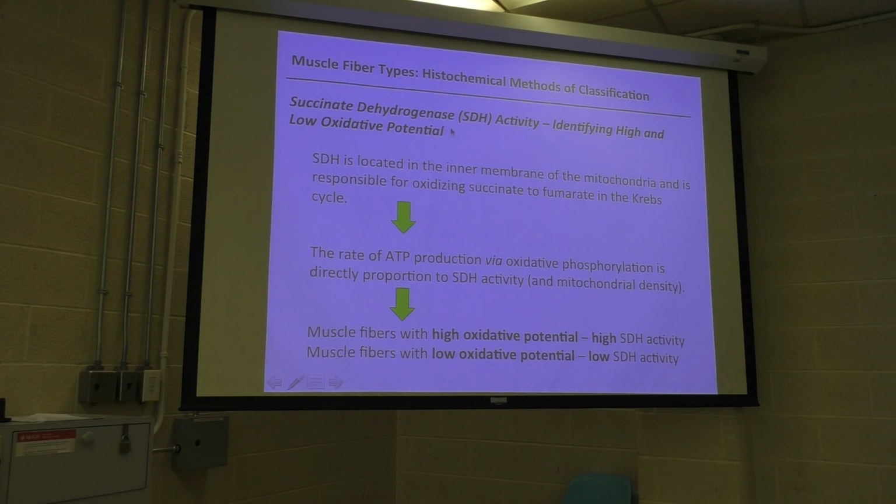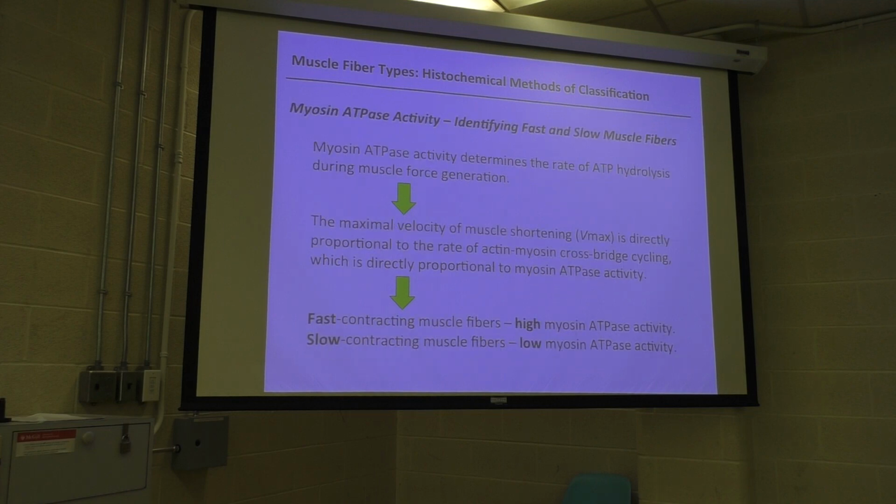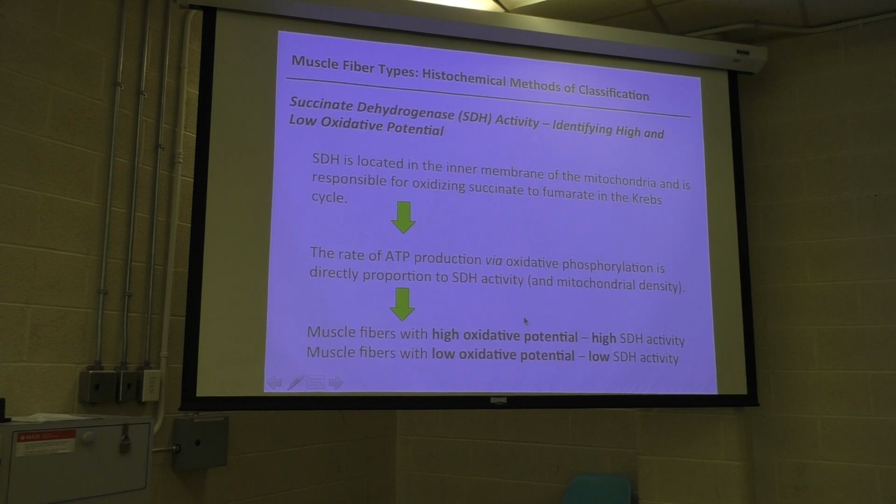So how do we find oxidative muscles, the slower contracting muscles, as opposed to the fast contracting muscles with high ATPase activity? We can also look at oxidative potential. Oxidative potential is the ability to produce ATP.